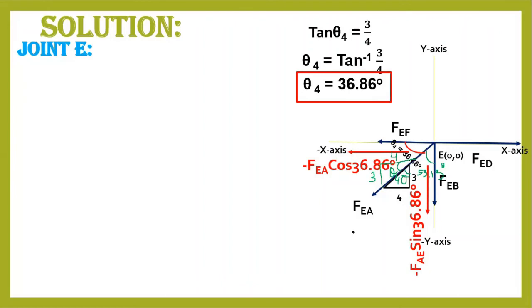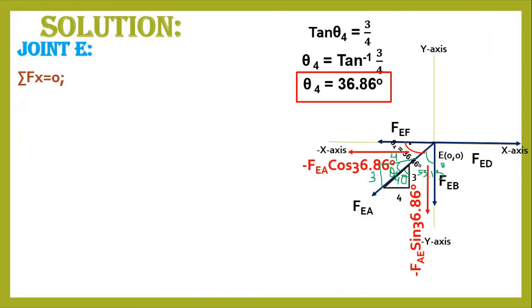So how many horizontal forces and how many vertical forces are there at joint E? For example, I am going to sum up horizontal forces because I need to find FEF, and FEF is lying on the horizontal, so we have to sum up horizontal forces. There is no need to go for the vertical forces here because we have already calculated 8 member forces and only 1 member force is left.